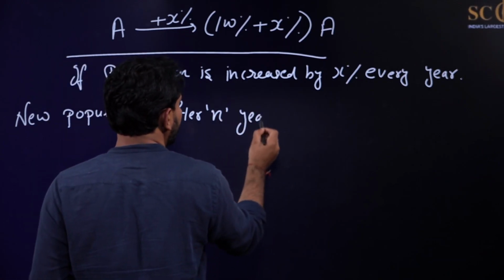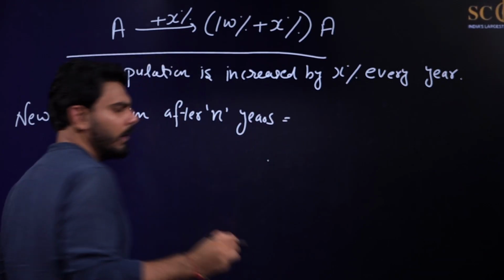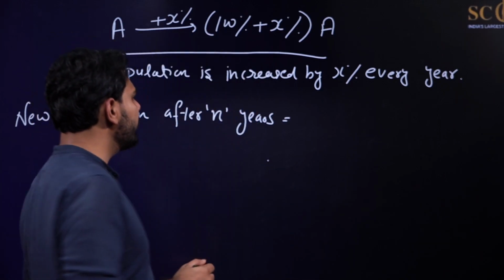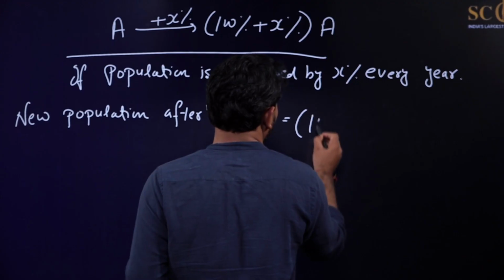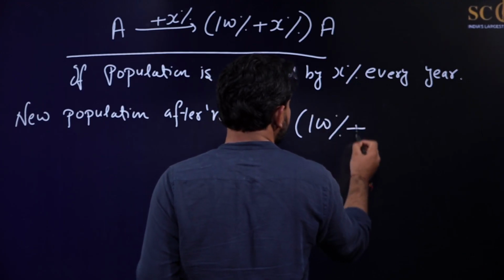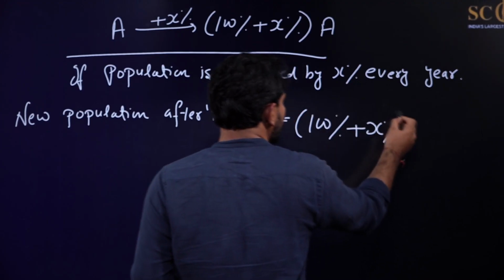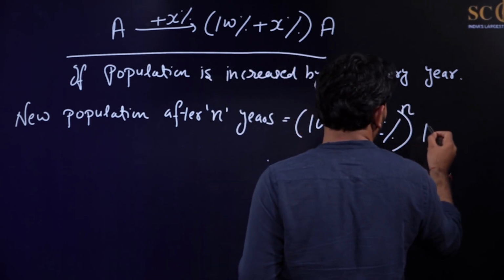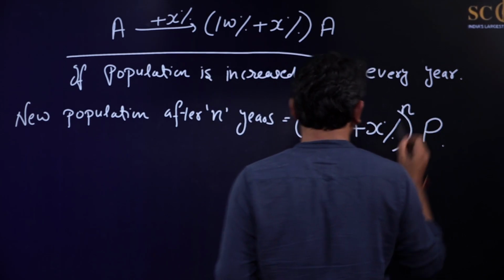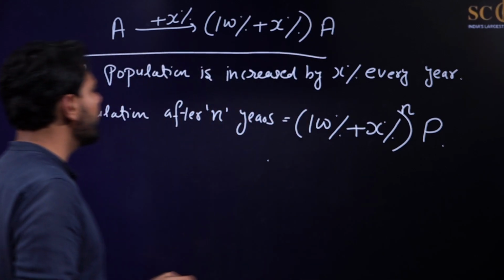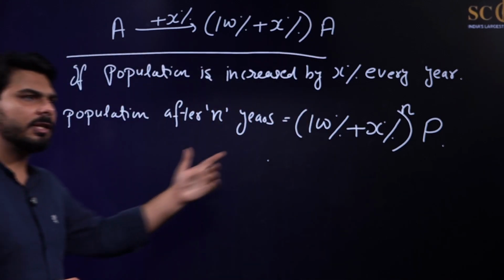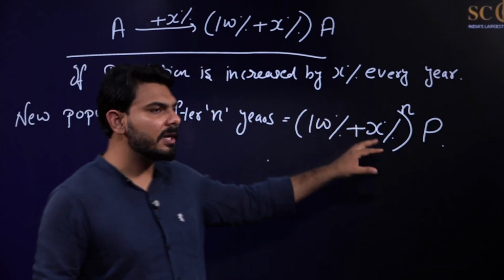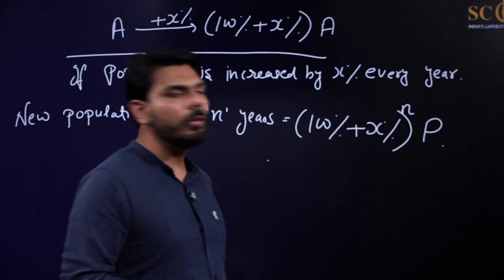Now you already know the formula. It will be 100% plus X%, raised to the power n, of the old population. Old population you can take as P. Okay, you take the old population as P, and the increase in population is X%. So the population after n years will be 100% plus X% raised to the power n, into old population.